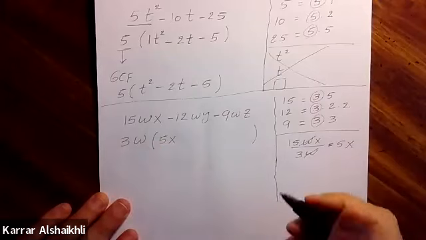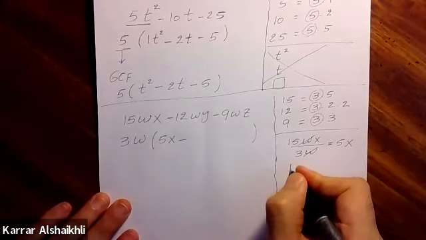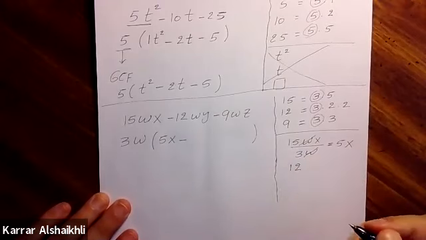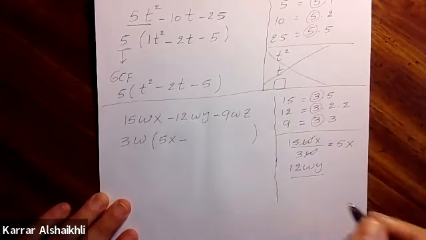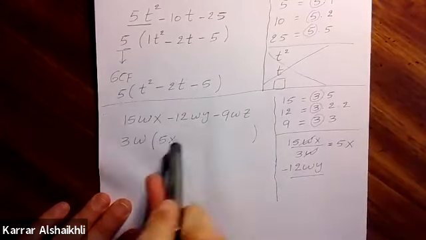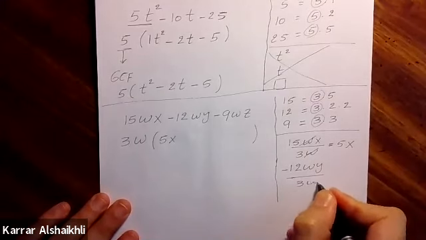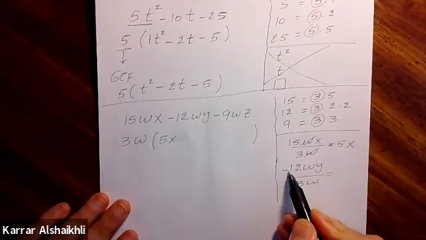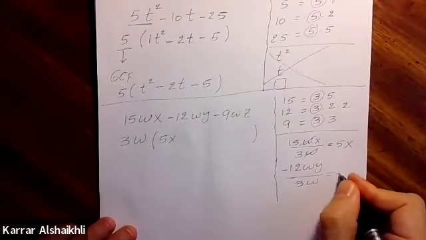Let's do the second one. Here's the minus. 12wy divided by 3w. You can do the sign also, minus 12, it's okay. Now negative 12 divided by 3 is going to be negative 4.